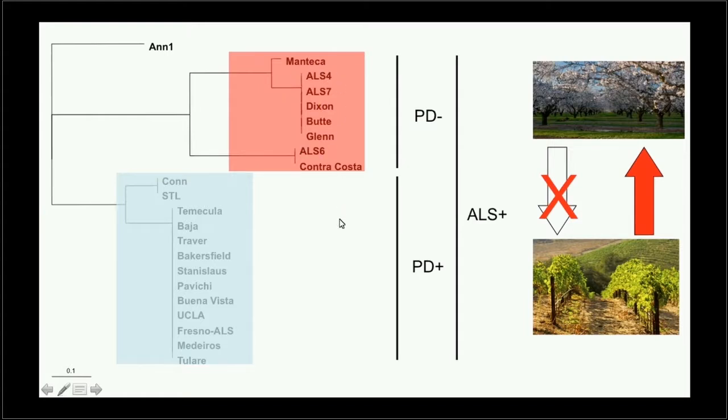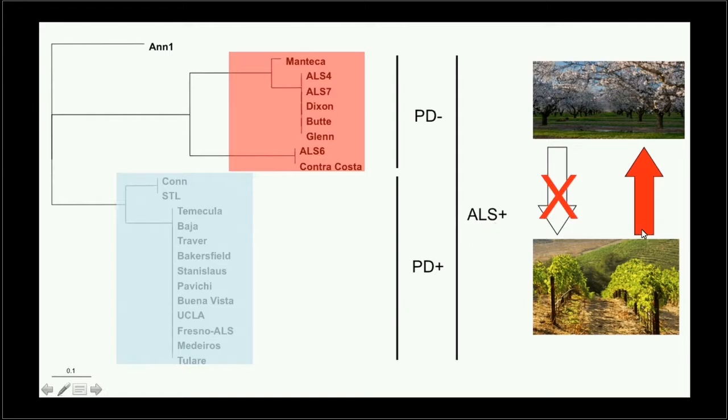If you do cross inoculations, the almond one causes disease in almond, the grape one causes disease in grapes. However, the grape one also causes disease in almonds, almond leaf scorch here, while the almond one does not cause disease in grape. In California, you never find this genotype in grapevines, or this group, period, while you do find some isolates that would be in this group here causing disease in almonds.